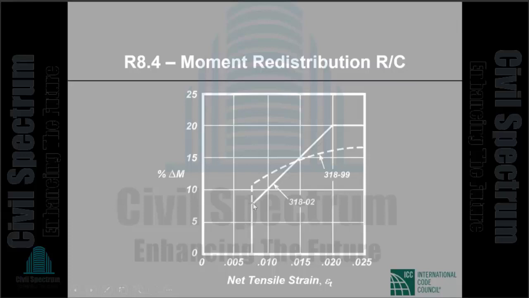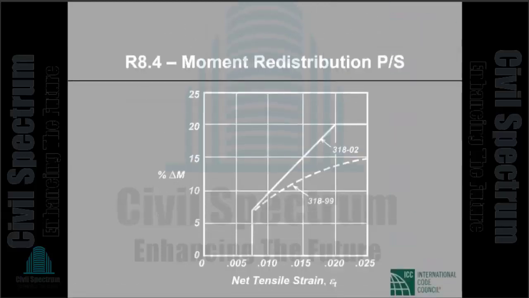As soon as it is 0.0075, we can take 7.5% moment redistribution, 1000 times 0.0075. We can go up to 20% for a net tensile strain of 0.02, and it remains there. We cannot go any higher. This used to be ACI 318-99 moment redistribution for reinforced as opposed to pre-stressed beams.